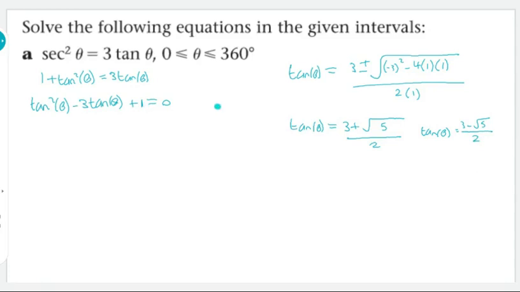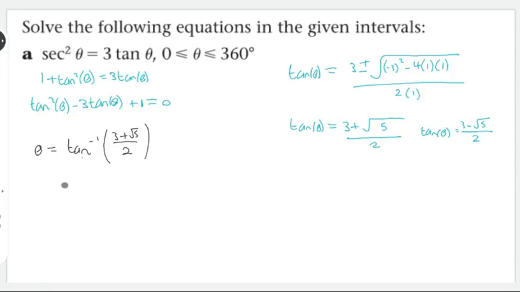And then from there, we have theta is equal to the inverse tan of 3 plus root 5 over 2, which will give you something. I think someone said 69.1, maybe?